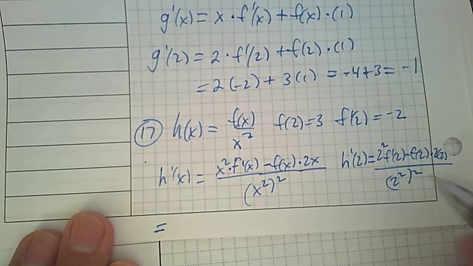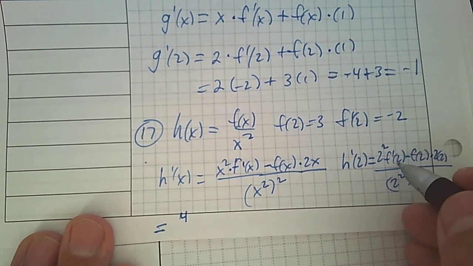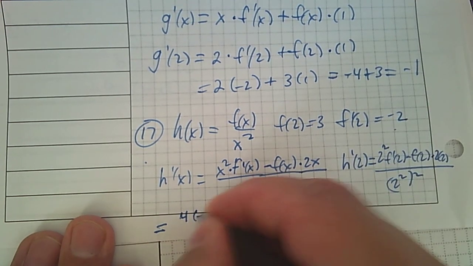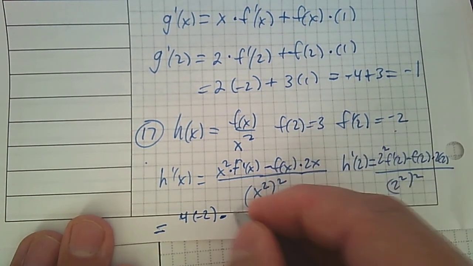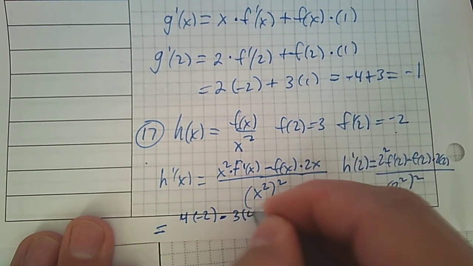So let's simplify this. 2 squared, that's 4. In the question, what's the derivative at 2? Well, that's negative 2 right here. And then subtract. What's f at 2? That's 3. And then 2 times 2, that's 4.